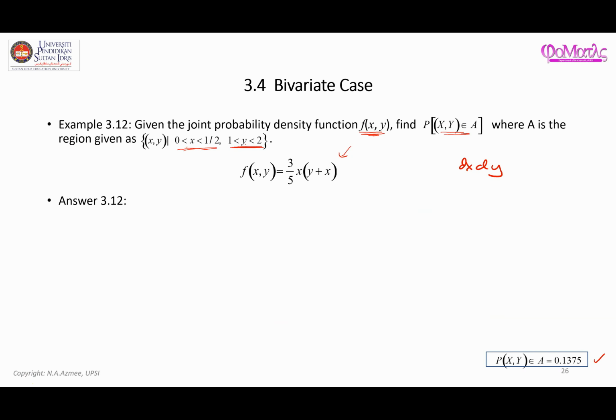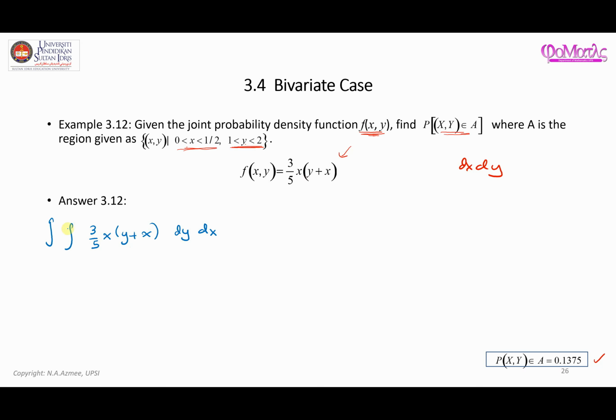Right now I'm going to switch it the other way around and do it dy dx. Here we've got this function, 3 over 5 times xy plus x, and I'm going to integrate first with respect to y, and then once again with respect to x.